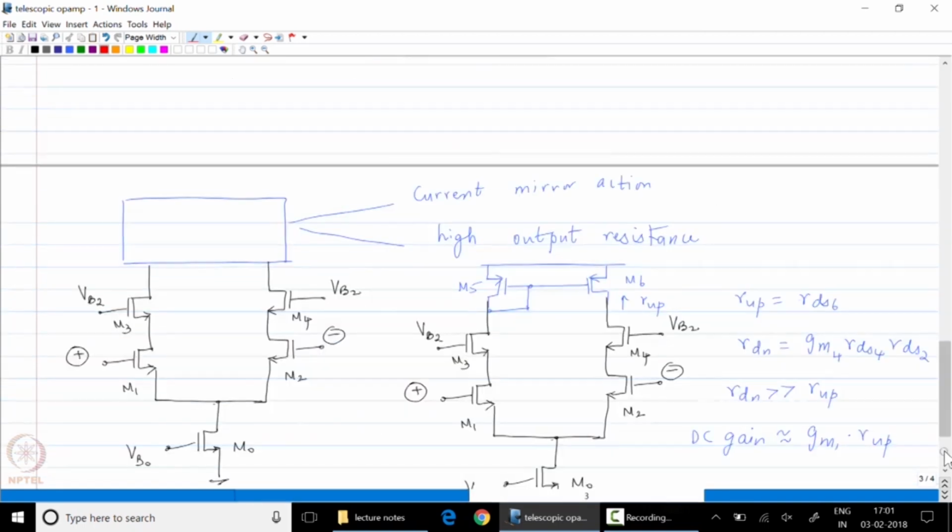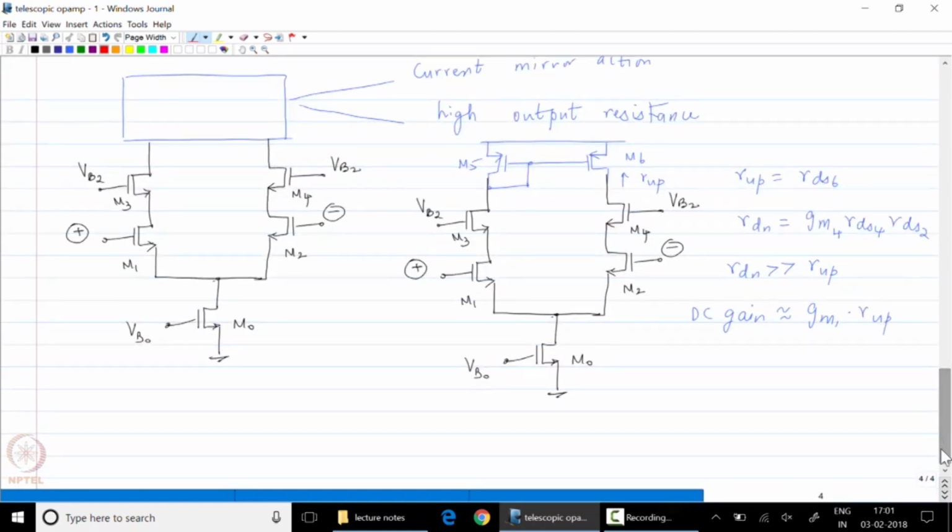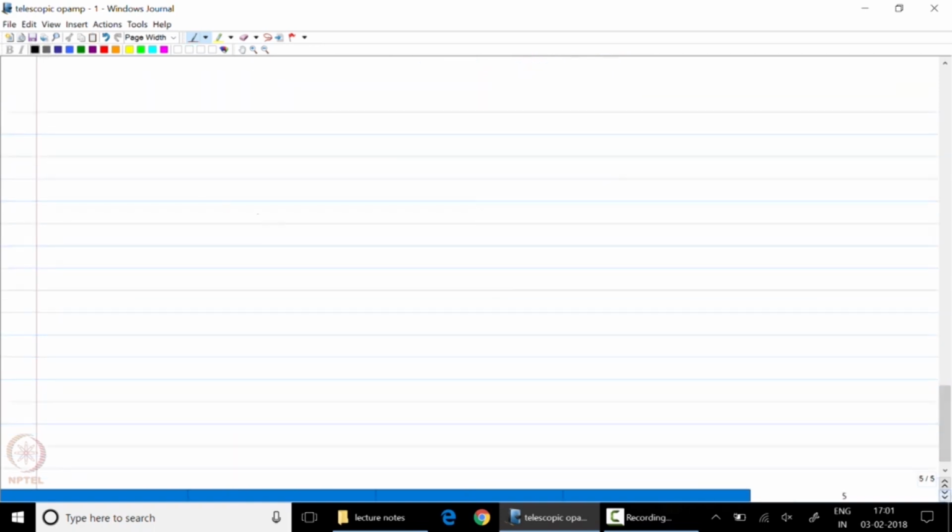So therefore, since the DC gain has not increased that much, we need to come up with an even better circuit that will improve the DC gain even further. Now let us look at the other circuit that we have seen before, which is a cascode current mirror.